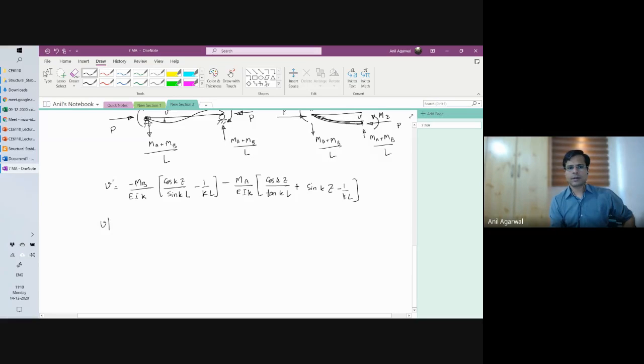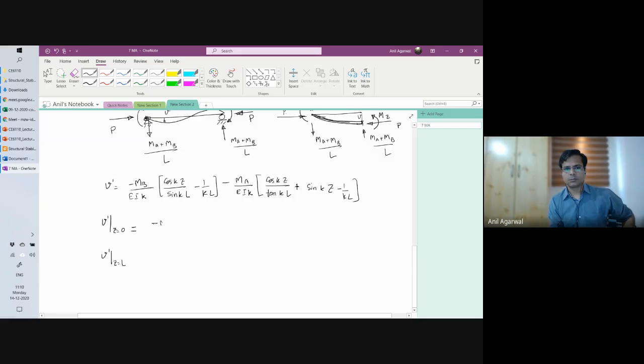I can calculate V prime at Z is equal to 0, and I can calculate V prime at Z is equal to L. So if I do that, what do I get?